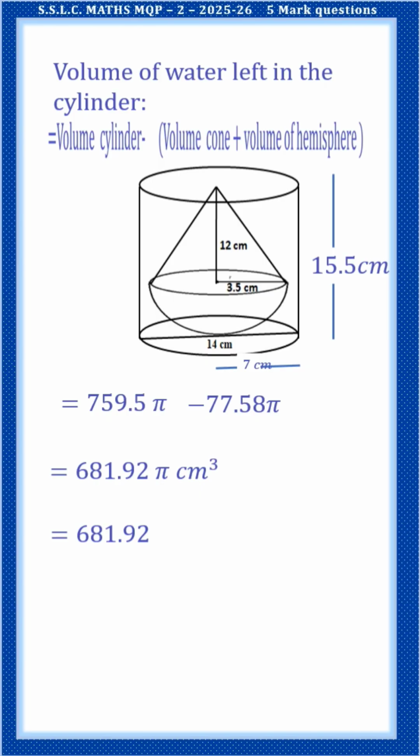Instead of pi, let us substitute 3.14 because value of pi is 3.14. 689.92 into 3.14, that is equal to 2141.23 centimeter cube. So volume of water left in the cylinder is 2141.23 centimeter cube.